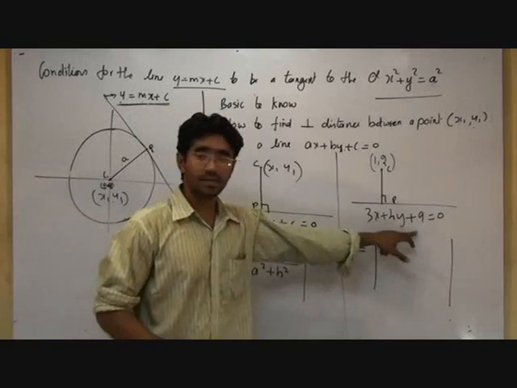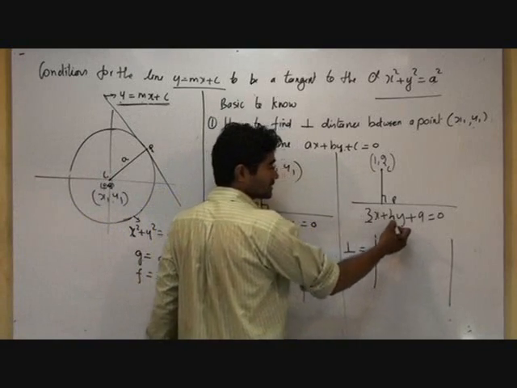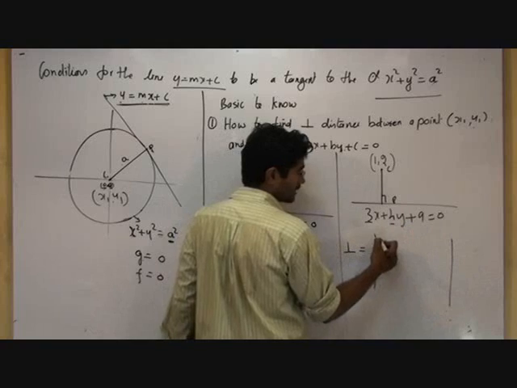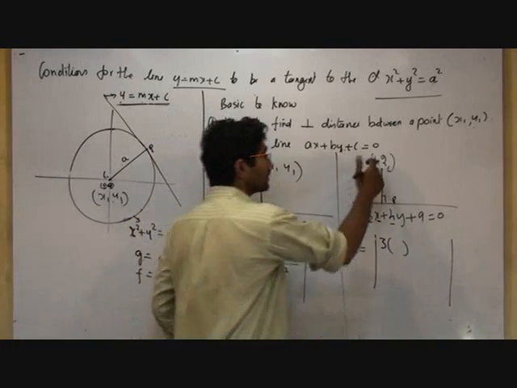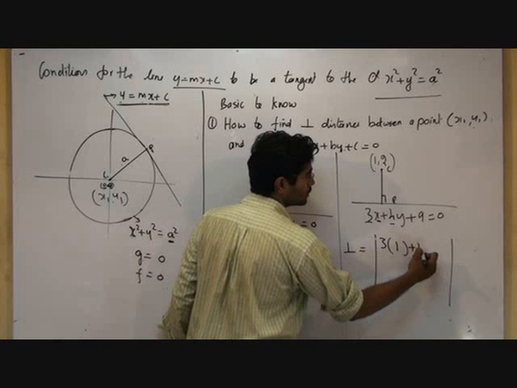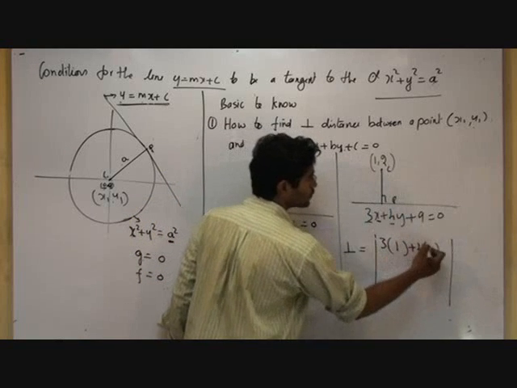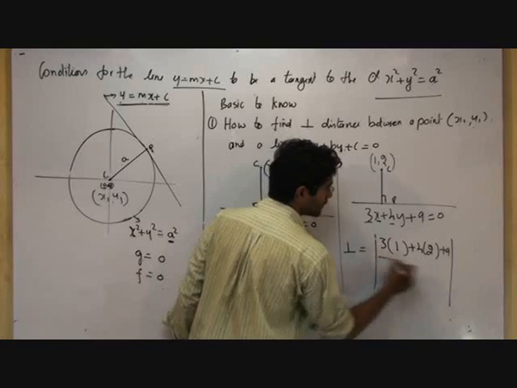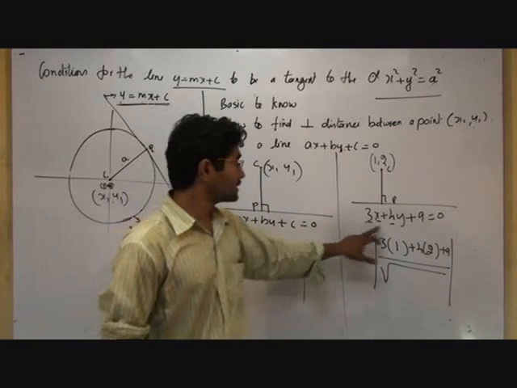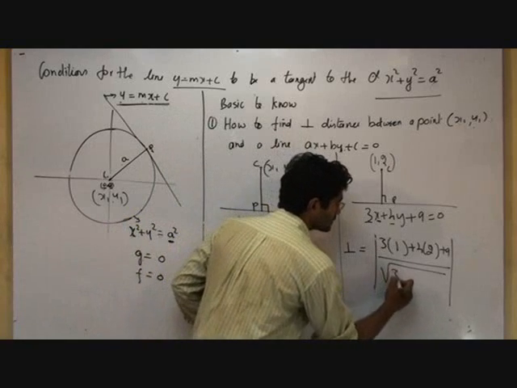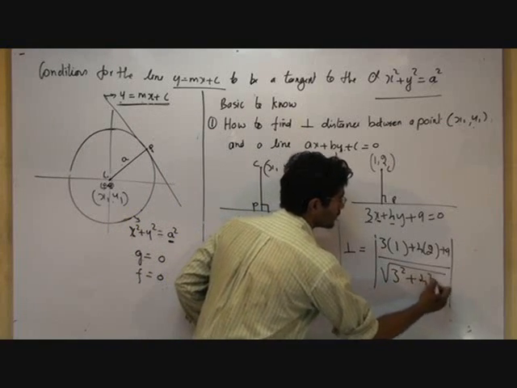I have to take the same line here, where a is 3, b is 4 and c is 9. Let me write 3, and instead of x, I'll write this point, that is 1, plus 4 into y, which is 2, plus 9 divided by square root of 3 squared plus 4 squared.